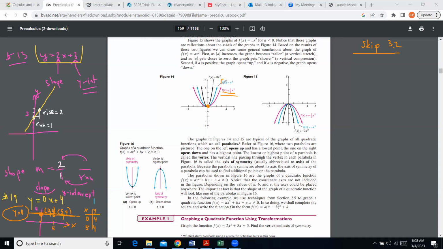So you take that favorite basic function y is equal to x squared, and if you happen to multiply it by 1/2, the parabola gets wider. Or if you happen to multiply this by a number bigger than 1, such as 3, the parabola contracts and becomes the black, narrower curve in here.